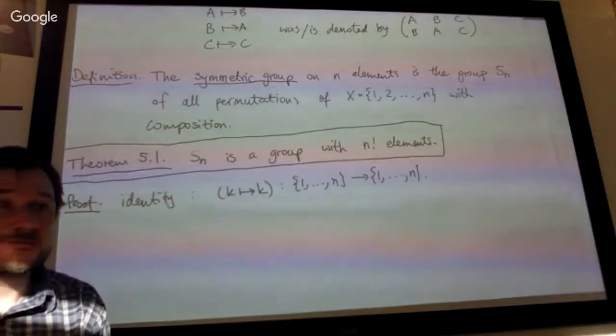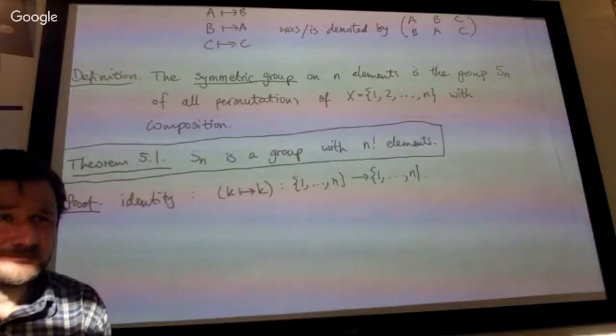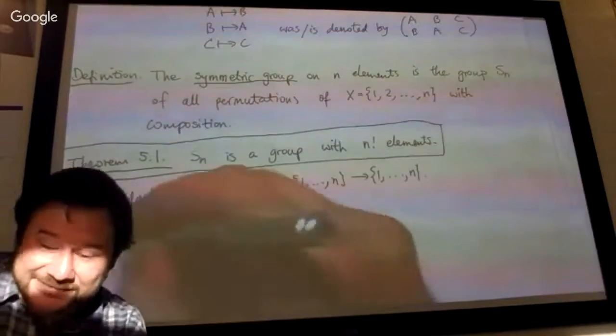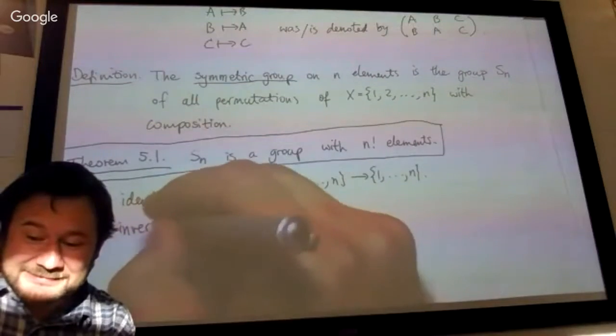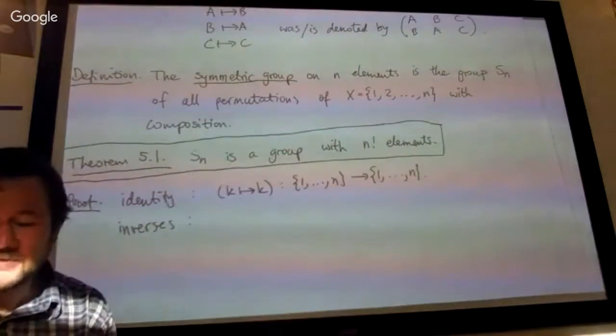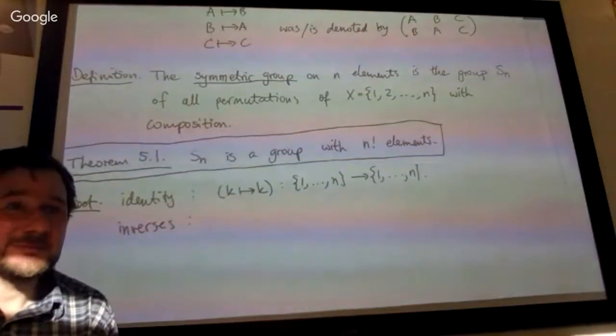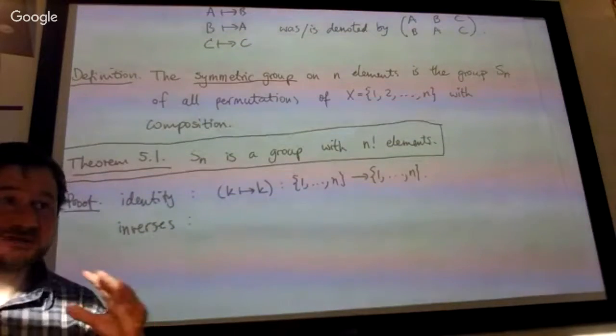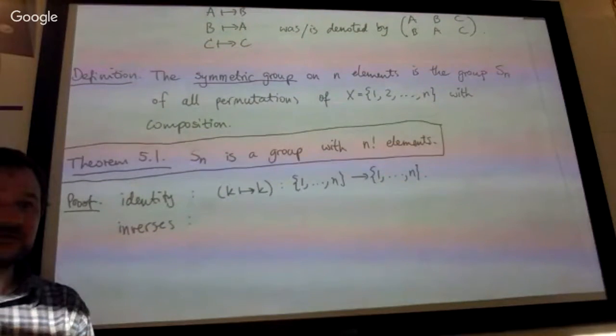What else do we need? Inverses, yes. But there is an inverse map, right? To a bijection, every bijection has an inverse mapping.